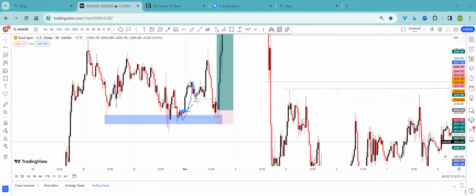So that shows that there's still an inefficiency between them, an imbalance between them. So now this low automatically becomes my inducement liquidity level. Now the market is still bullish, breaking structure, right? Higher high, higher low, higher high. Now the market comes all the way down to take out that liquidity level, then fills that inefficiency, then you can take your trade from there. Very simple.